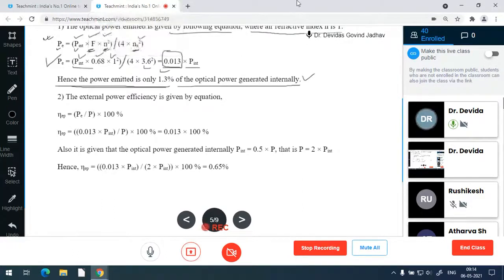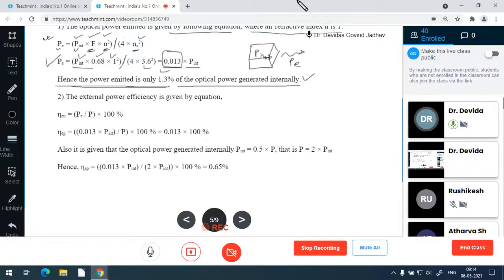What is the meaning of that? Suppose there is a crystal, and that crystal generates the P internal inside the crystal. Then that crystal emits the power PE into the external air medium.